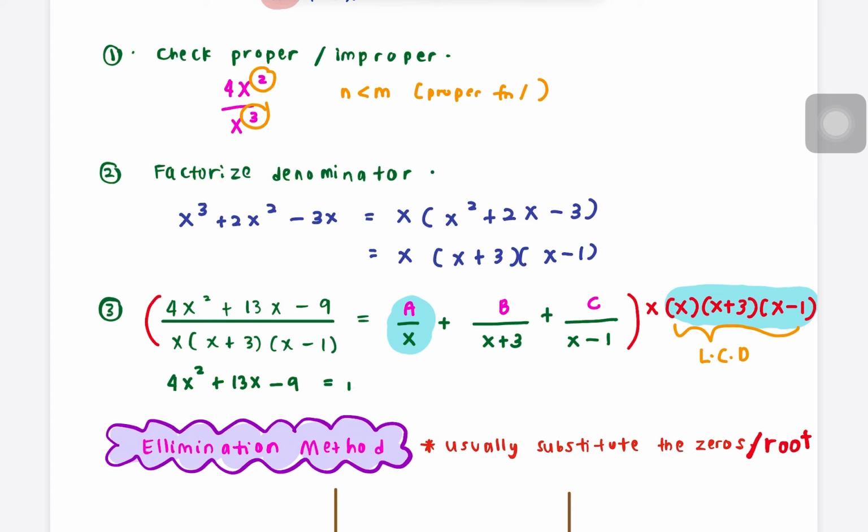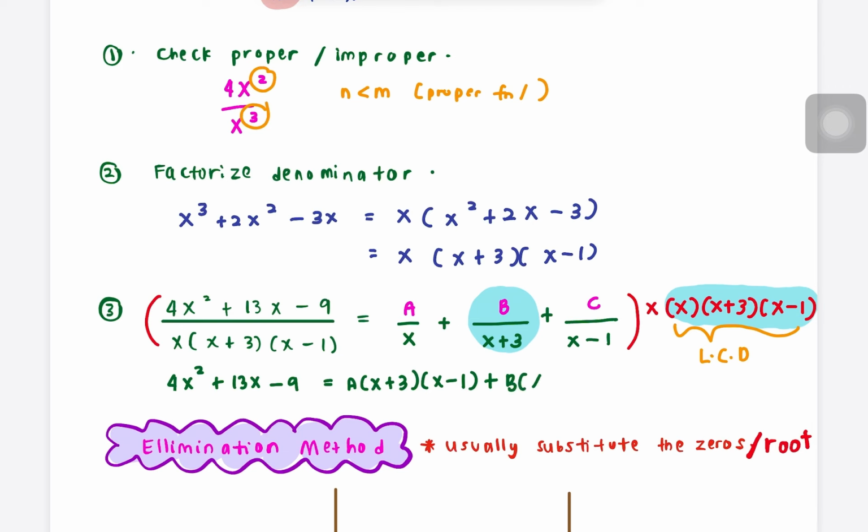Plus, right now you multiply the second term, B over x plus 3, with the same thing. You can cancel out x plus 3 and x plus 3, so left only x and x minus 1. So just write B, x and x minus 1. Okay.